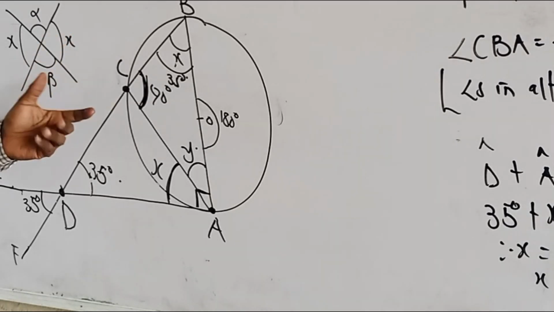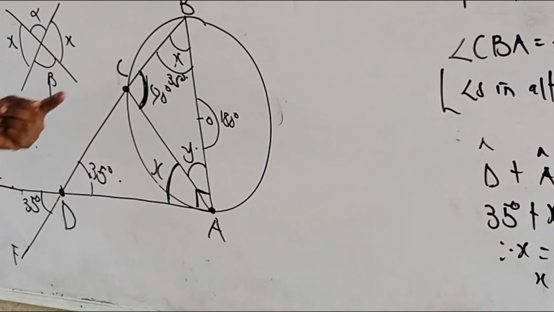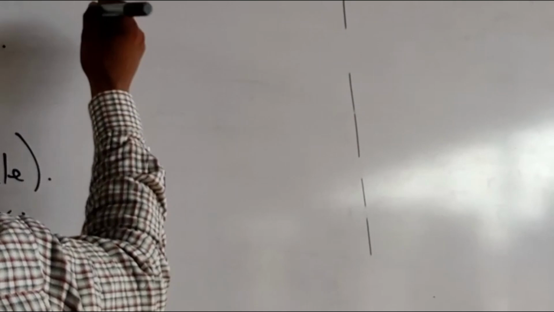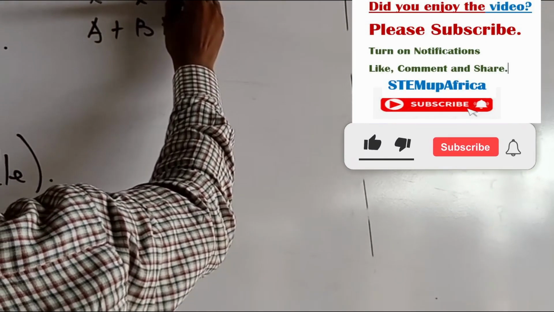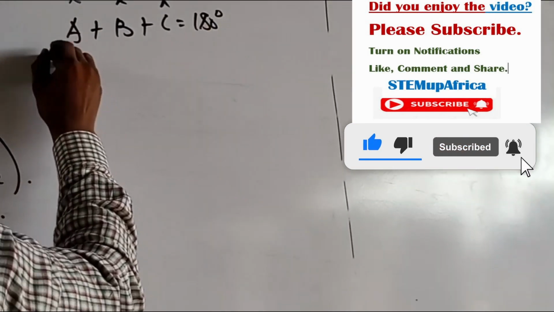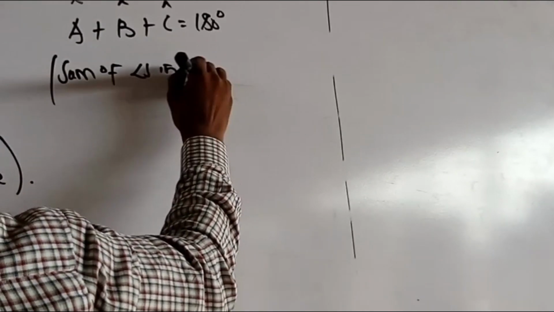So let's apply the simple concept of the sum of angles in triangle BAC. We have angle A plus angle B plus angle C equals 180, which is the sum of angles in a triangle. So what is the value of angle A from the figure?